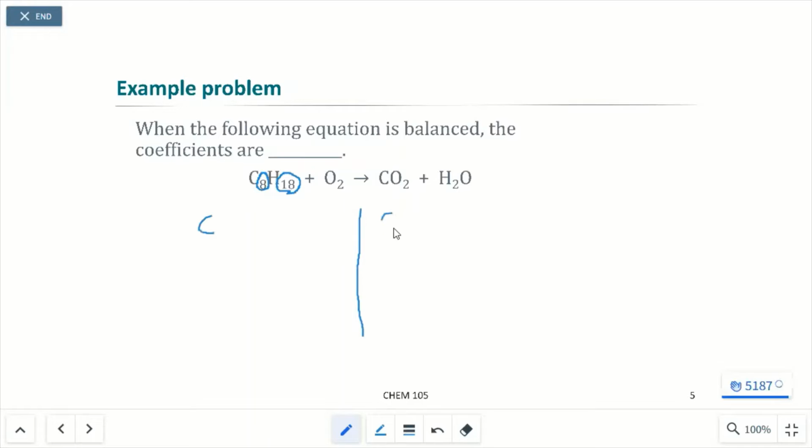I've got carbons, hydrogens, and oxygens. On this side, I have 8 carbons, 18 hydrogens, and 2 oxygens. On this side, I have 1 carbon, 2 hydrogens, and 2 plus 1 for a total of 3 oxygens.